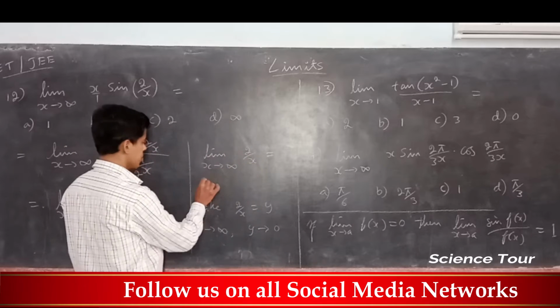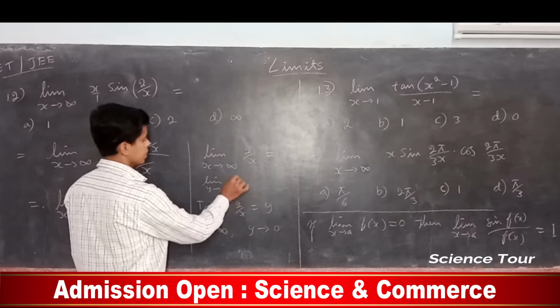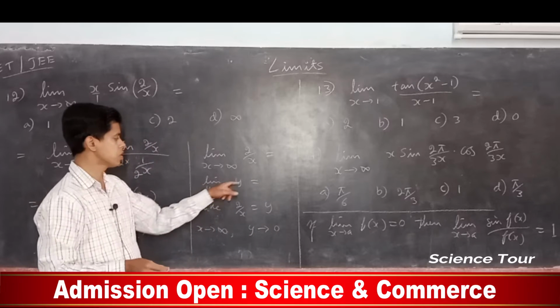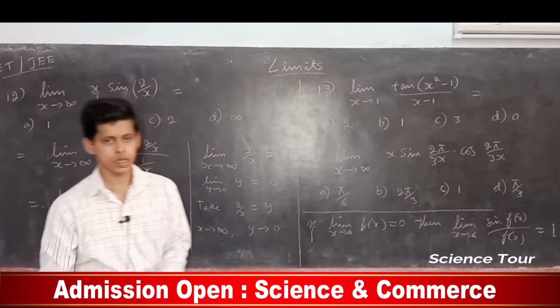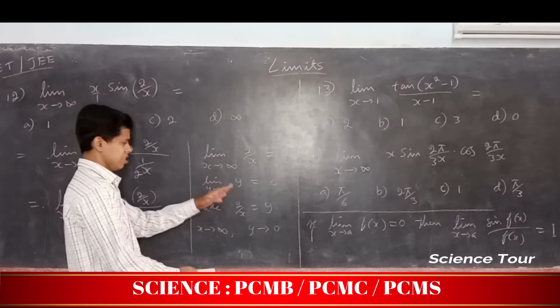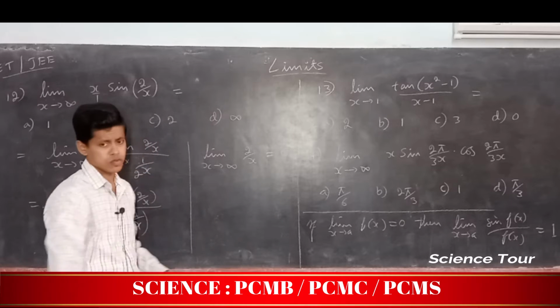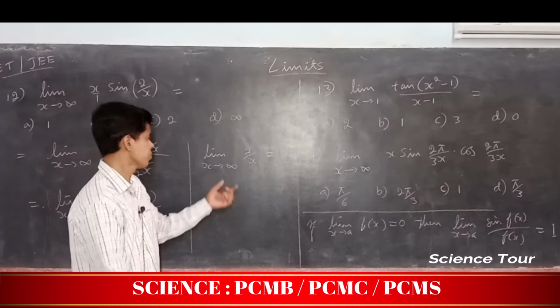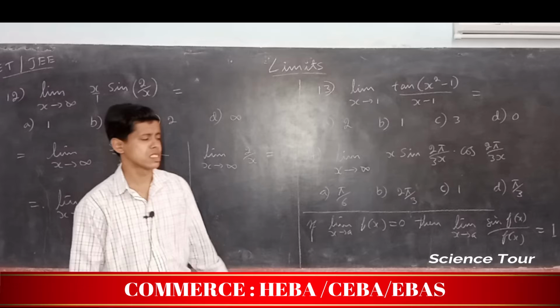So, this whole limit becomes limit y tends to 0 of y. When y becomes 0, limit of y will be 0 only. So this is 0, and you can understand that directly. This is just confusion for you, so do not be confused. When x becomes infinity, 2 by infinity will be 0, just understand that way.